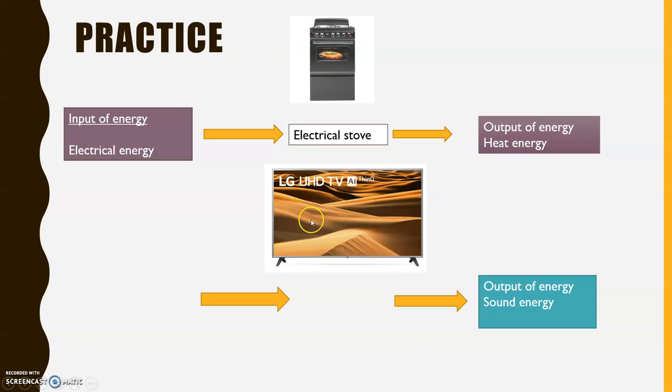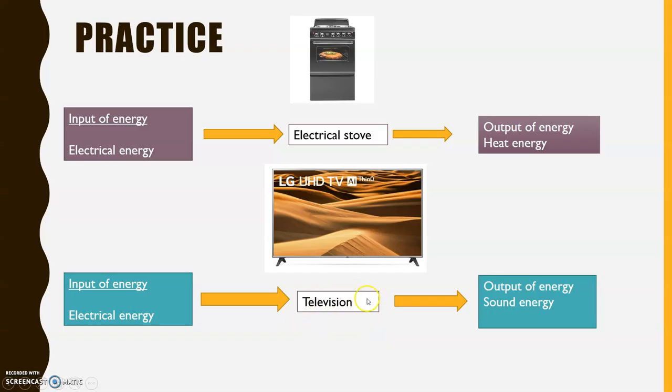And then I'd give you another object and ask you to put together a flow diagram showing input of energy and output of energy. And you will have input of energy over there, which is electrical energy. This TV needs electrical energy to work. And you also have to give the correct name of the object.